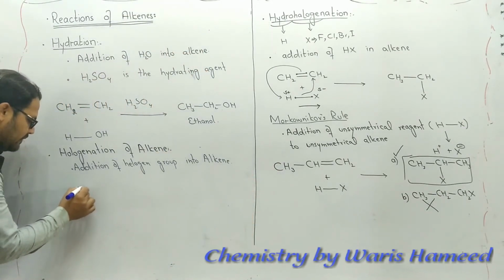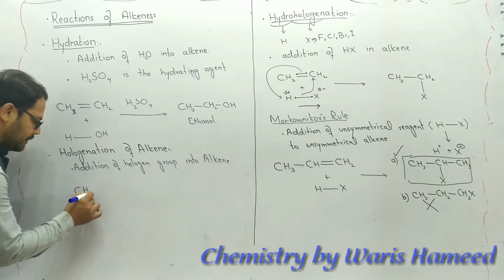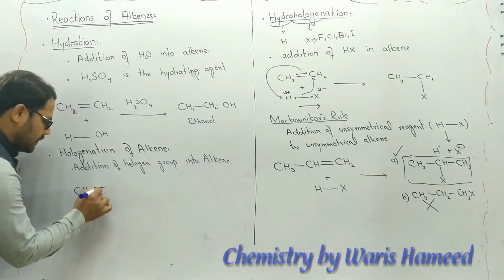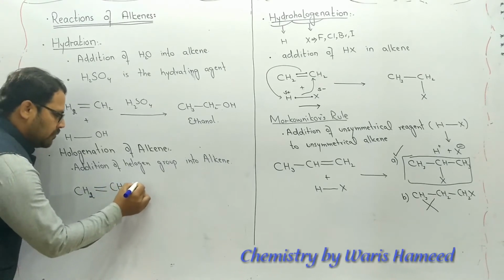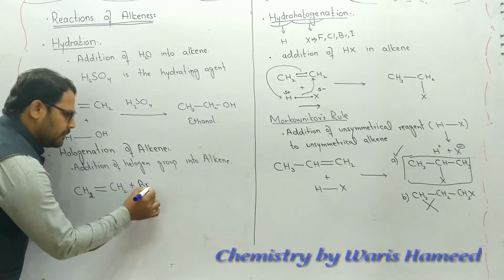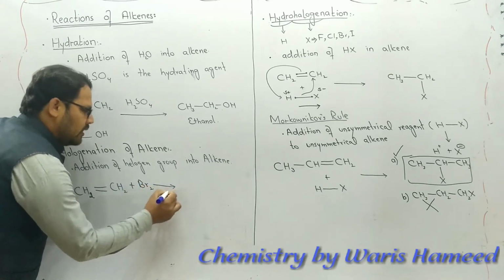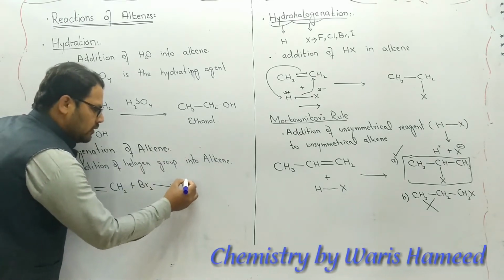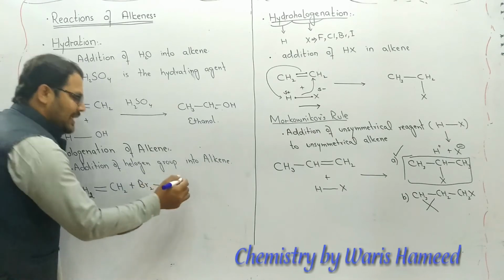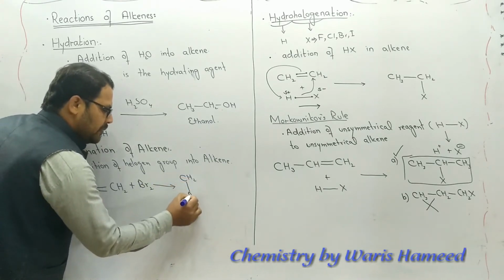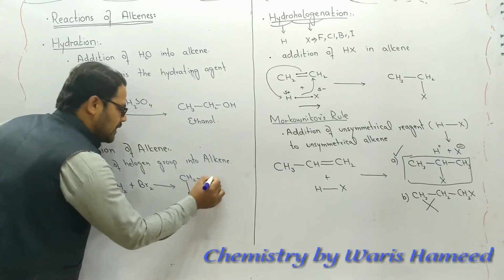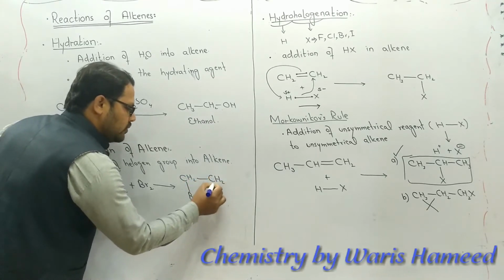If we have ethene and we are reacting it with bromine, it will convert into dibromoethane, CH2Br single bond CH2Br.